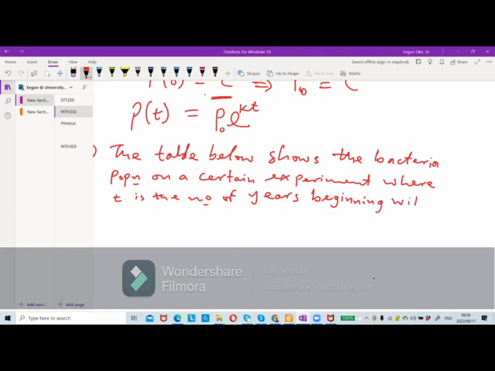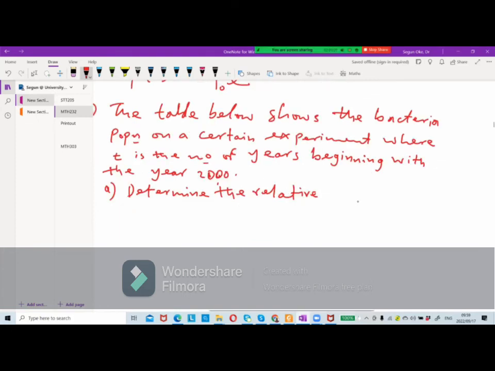Beginning with the year 2000. Now, then I say A, determine the relative growth. You can use anything. It can be animal, it can be human being, but no, it's not necessary to be bacteria.